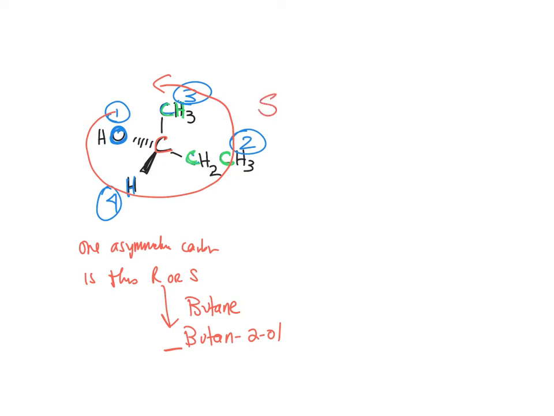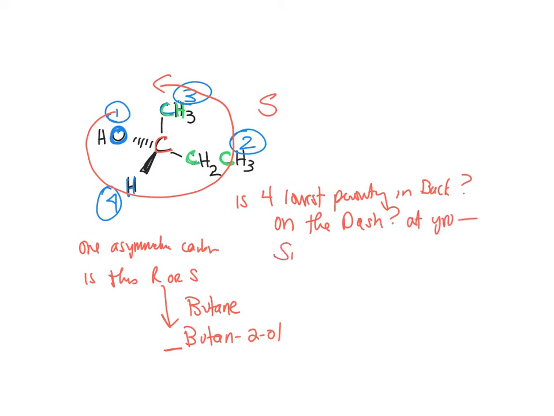But then you have to do your check. Is priority number 4, the lowest priority, in back? Is it on the dash? Nope, it's on the wedge. It's coming at you. So you have to do a switcheroo.